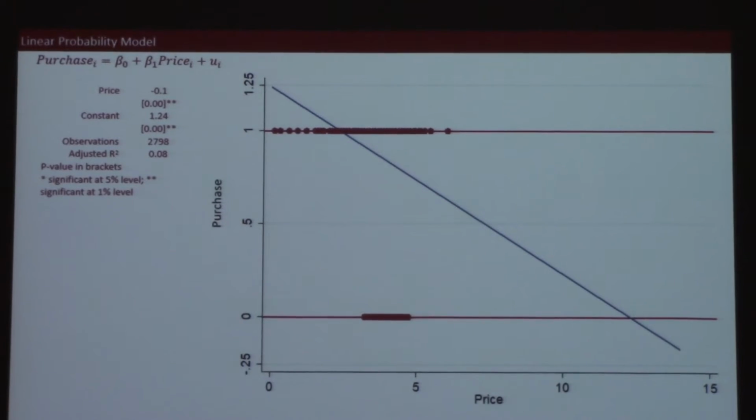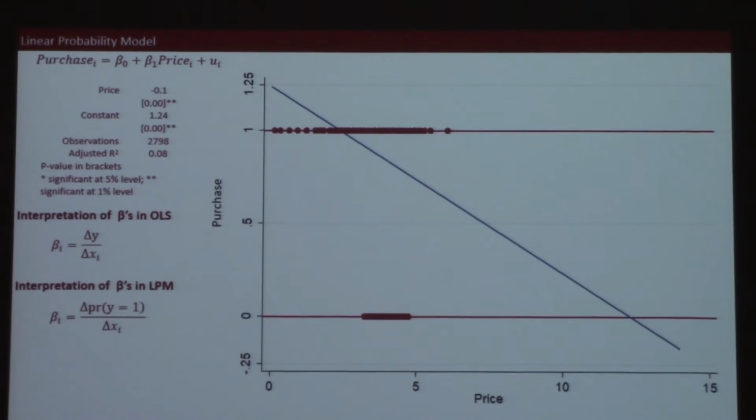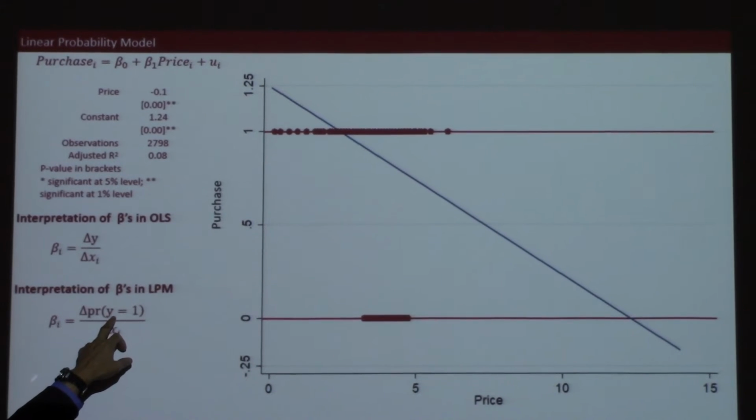So we run the regression, we get these output results. We still have similar interpretations of the betas. Beta 1 is still a slope coefficient, the change in y resulting from a change in x, but now the delta y is interpreted differently. It's interpreted as the change in the probability that y equals 1.